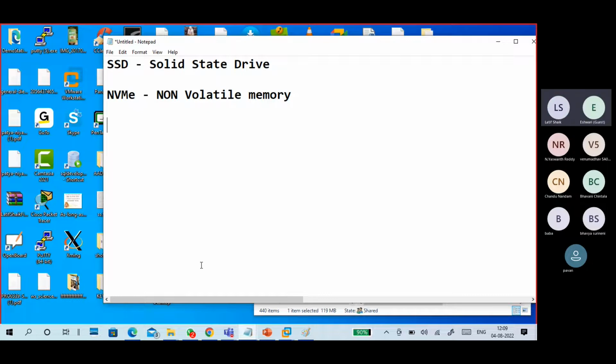Okay, NVMe type. It's a non-volatile memory.